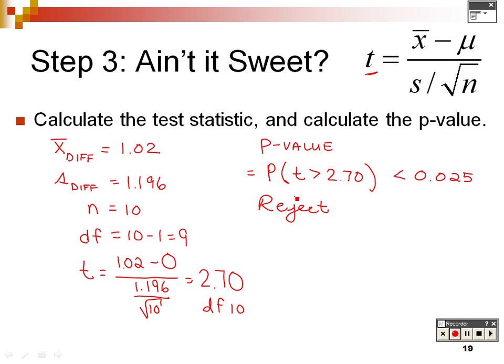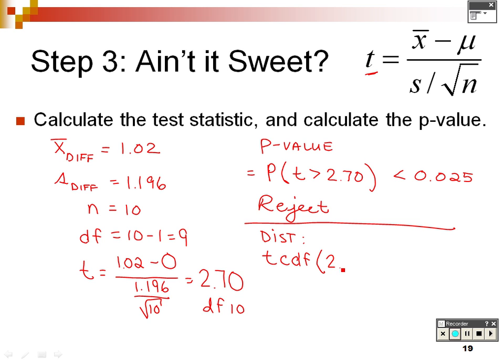Now, if we wanted to get it exact, we could. Here's what you do. Grab your calculator. And in your calculator, first go to distribution. And there should be something that says TCDF. I want you to choose that. It works almost exactly the same as the normal CDF.